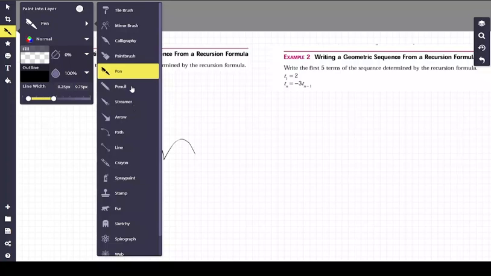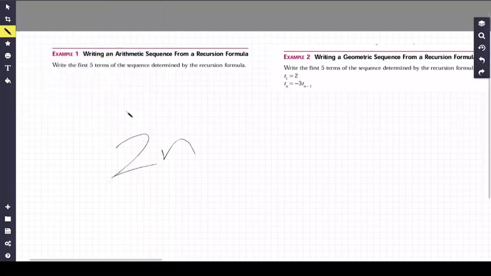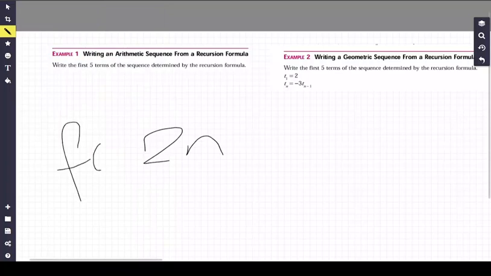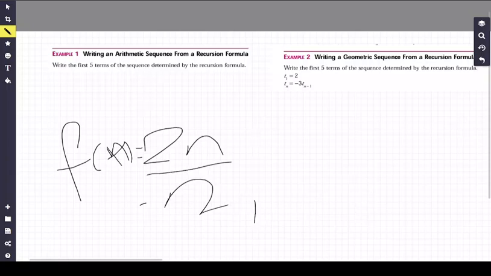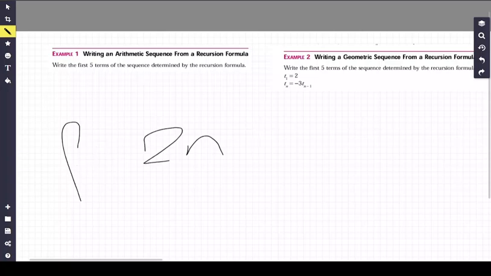Whenever we have f of n equal to 2n, you'll go ahead and have 0, 2, 4, 6. You're working forward. You're using a formula and getting the first term, a smaller term, and then a larger term. A recursion formula, as its name suggests, is quite the opposite of this.